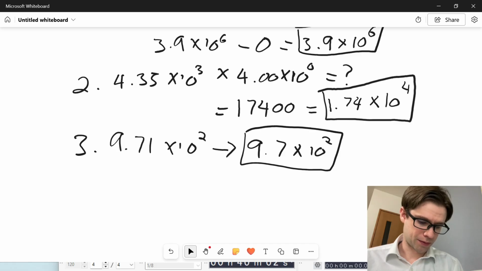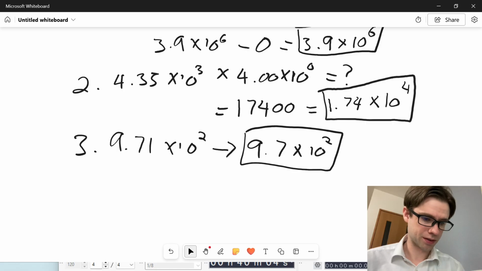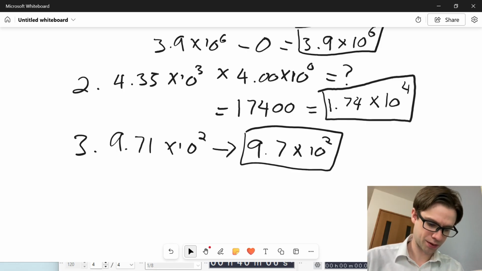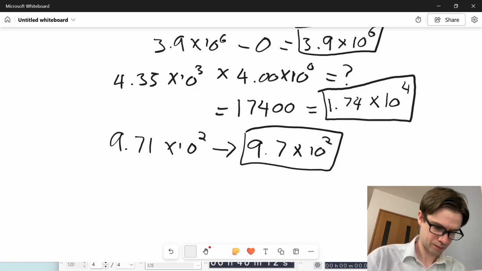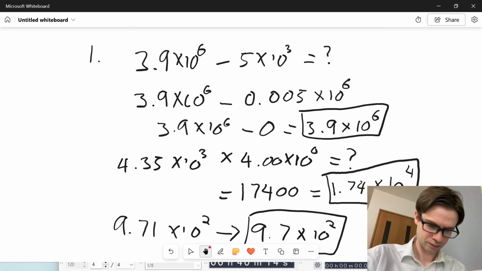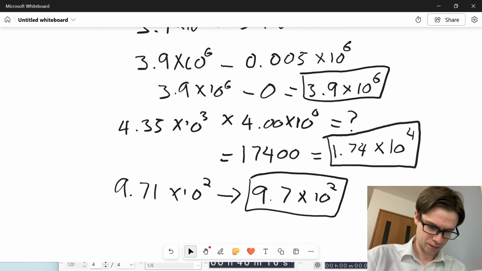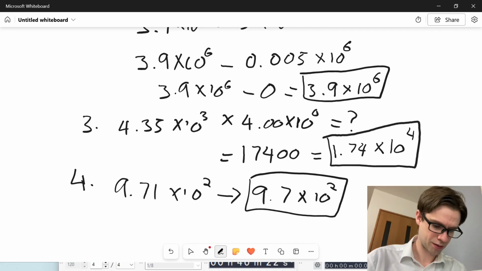Let's go next. I just realized these numberings are a little off. I think this was number 3, this number 4. We skipped number 2, so do number 2 next.